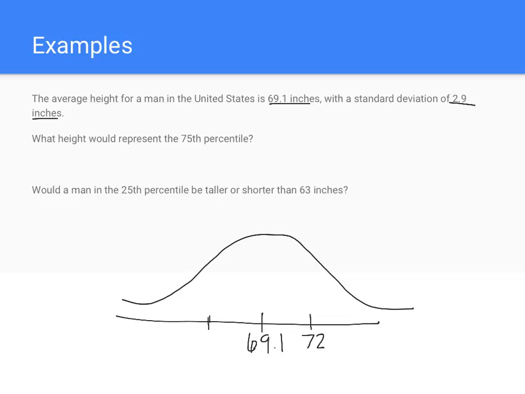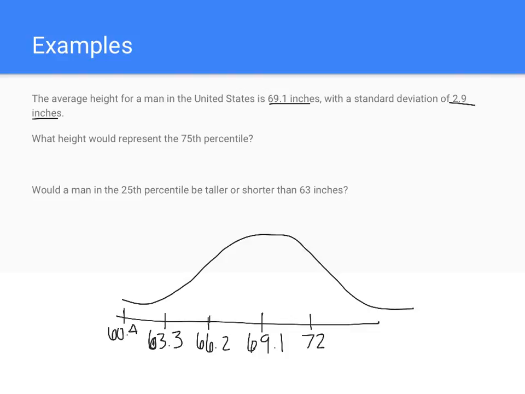Let me get my calculator just to make sure I don't do this incorrectly. 69.1 minus 2.9 is 66.2, and if I subtract 2.9 again I get 63.3, and then 60.4.